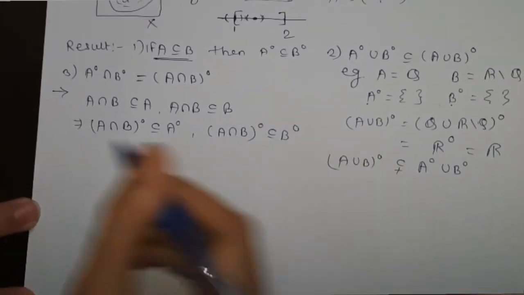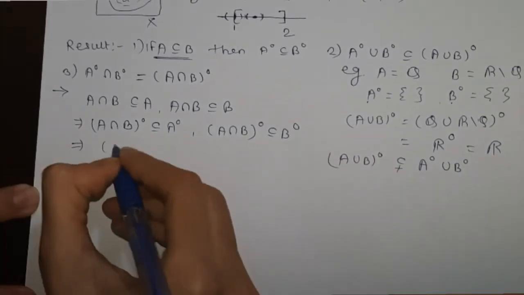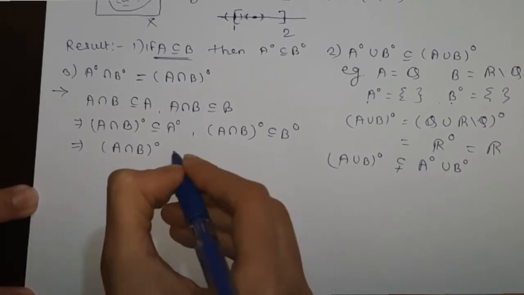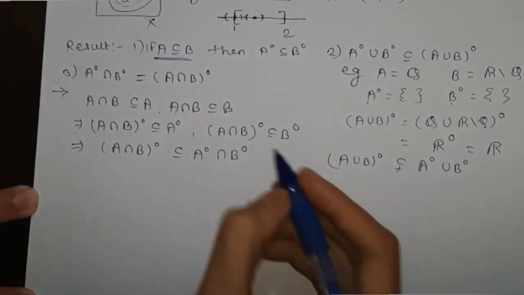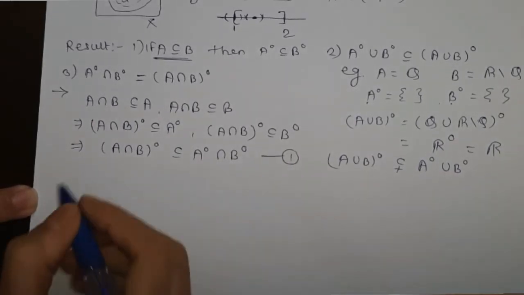From this we can write that the interior of A intersection B is a subset of A interior intersection B interior. So here we proved our first part.